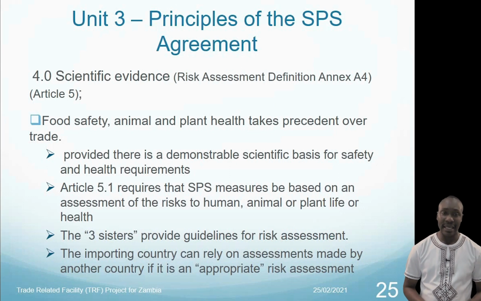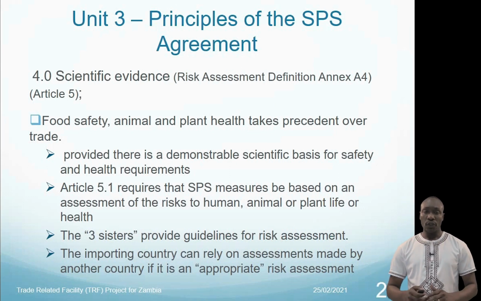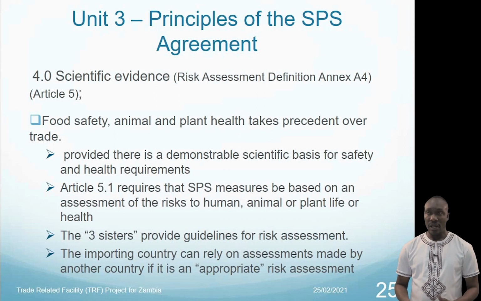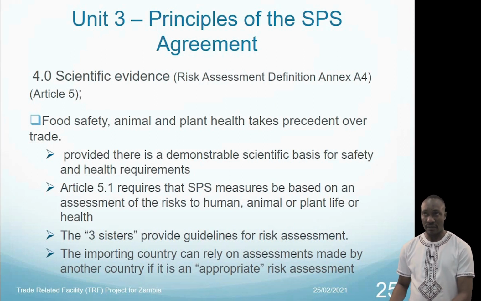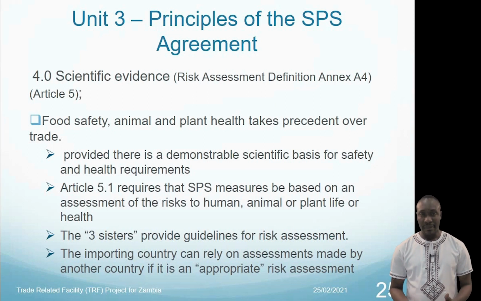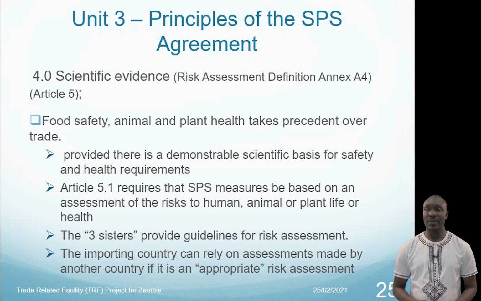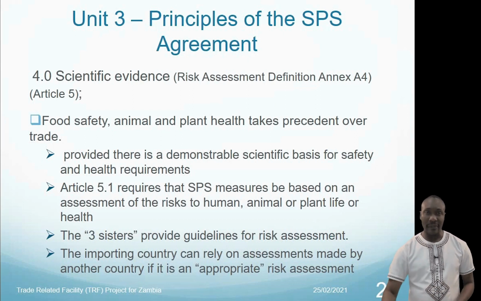What that means is that you need to have a demonstrable scientific basis for the safety and health requirements. The agreement does not disagree with nations that want to receive safe products or safe animals or safe plants. But what it's saying is that there has to be provision for a demonstrable scientific basis for those requirements.